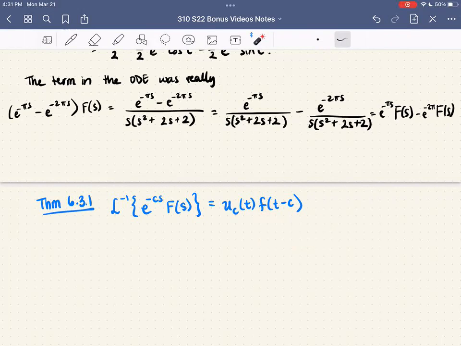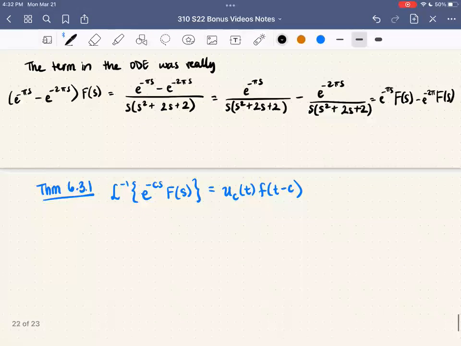So we're going to apply this reasoning to the expressions we have over here. It looks very similar to our expression.